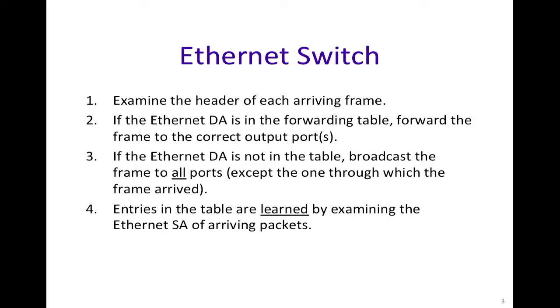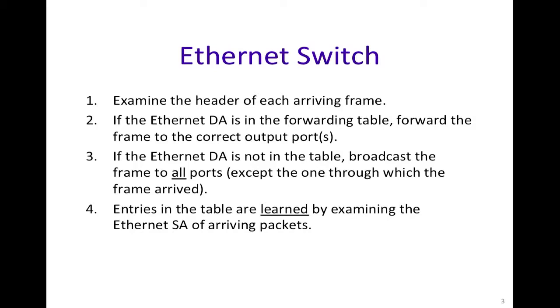And then entries in the table are learned by examining the Ethernet source address of arriving packets. In other words, when it looks at the source address, it will learn that in order to reach that particular source address, it sends packets out through the port through which that packet arrived. So that must be on the direction towards the source.